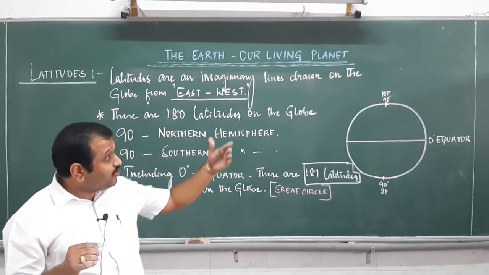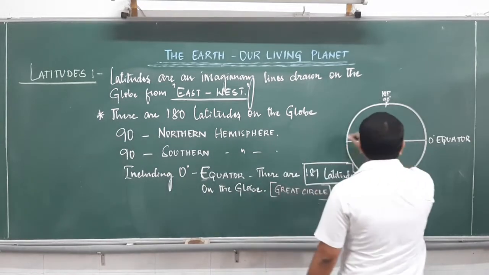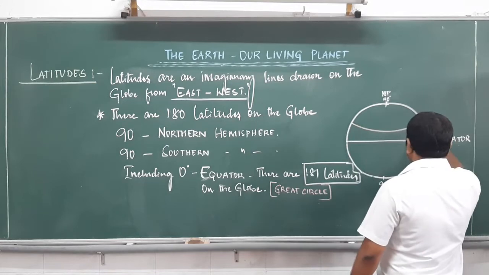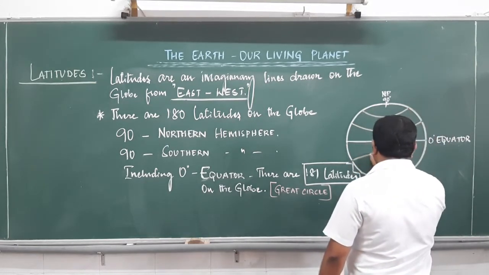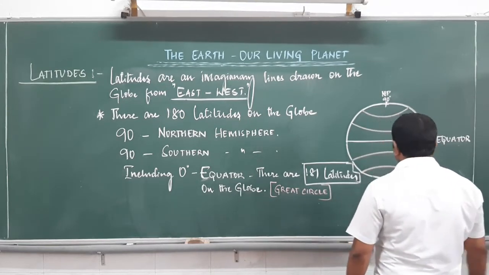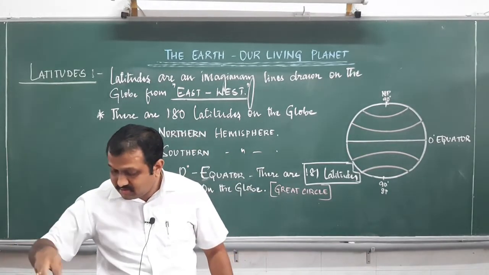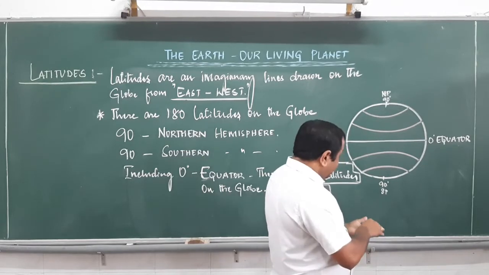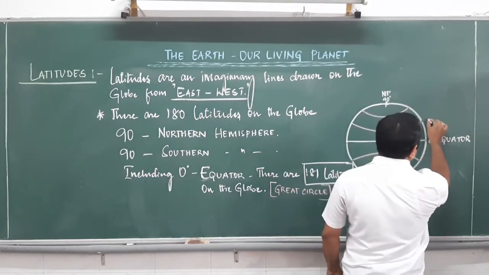Which are the other important latitudes? 0 degree equator as one, and coming to this, observe this diagram carefully.